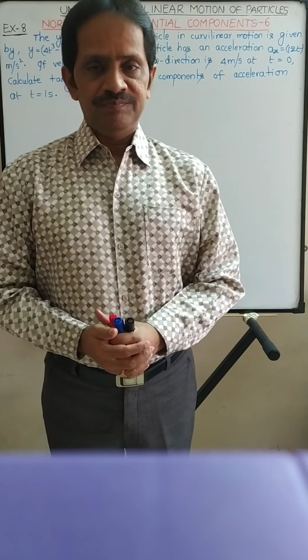Now what is dy by dt? It is vy. So vy is equal to 12t square minus 3. Say equation 2. Again differentiating this with respect to t, dvy by dt is nothing but ay is equal to 24t minus 0. So this is equation 3.